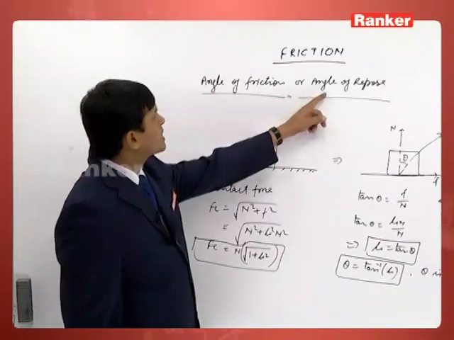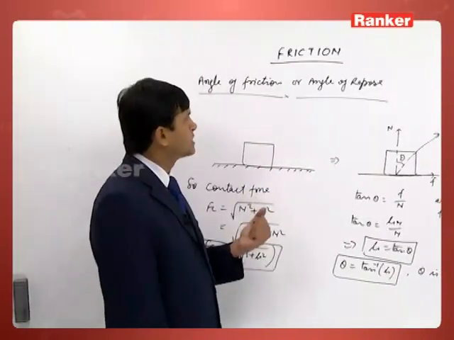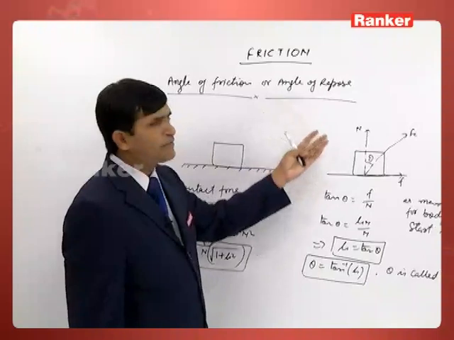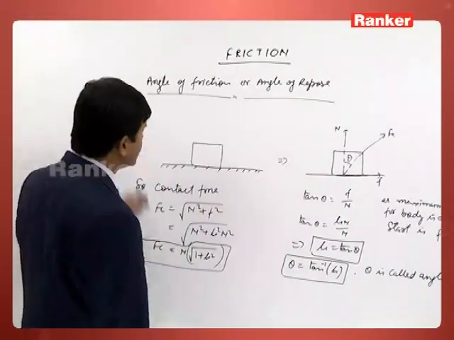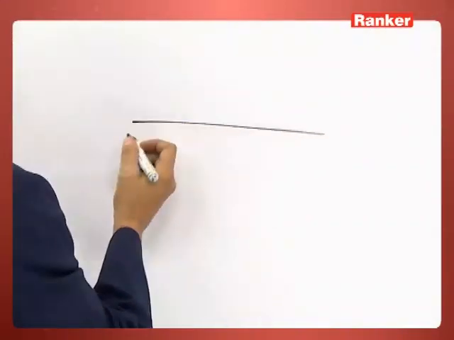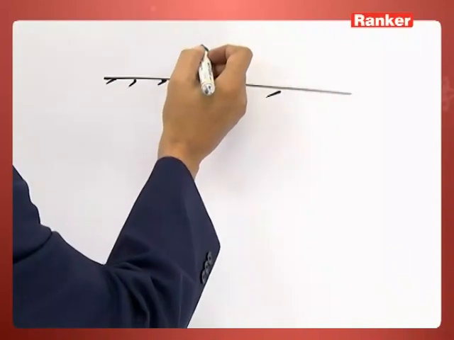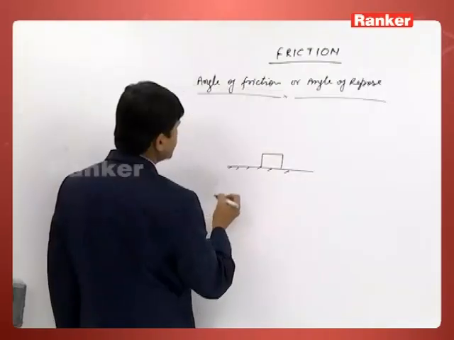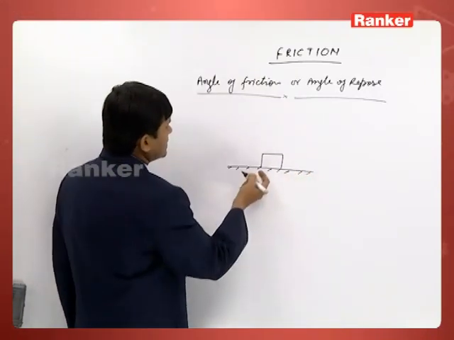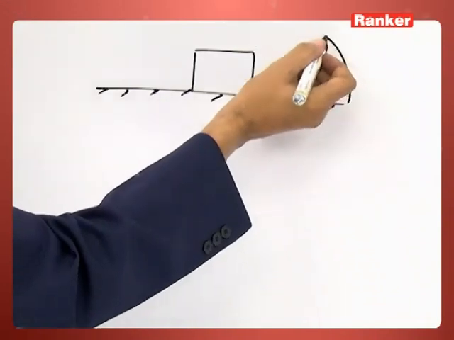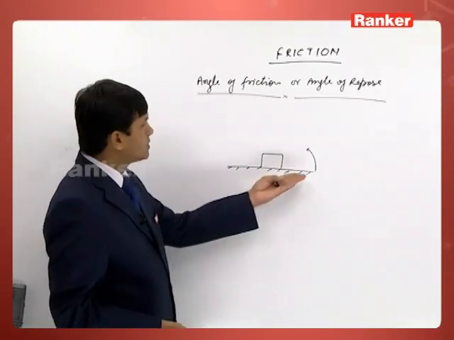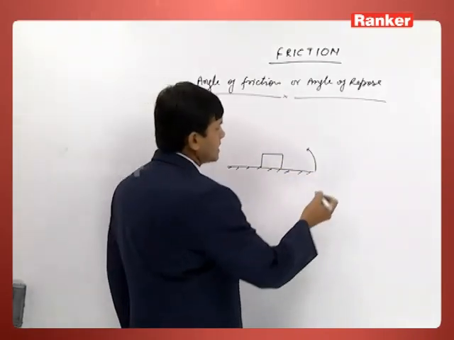Now, if we are talking about the angle of repose, see how we can define it. The angle of repose is defined in the same way, but in the case of an inclined plane. Let's see that example. Let a body be kept on a horizontal surface, and now this surface is about to tilt from the horizontal like this.